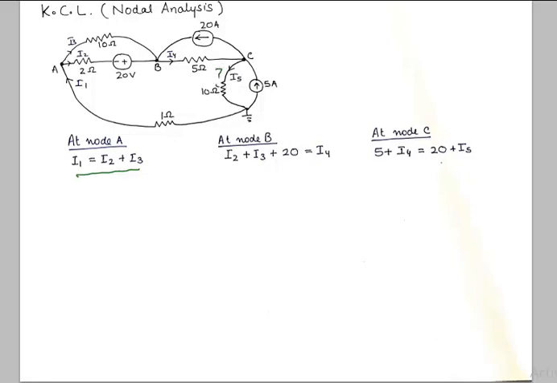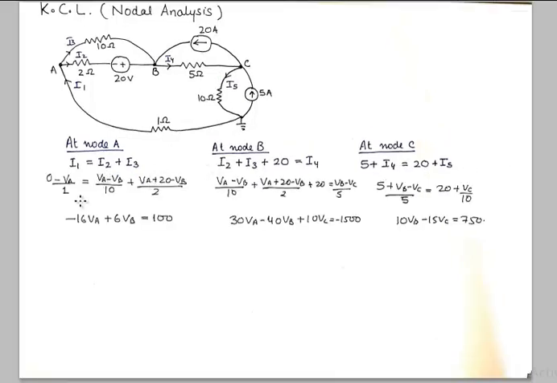When we express all these currents in terms of voltage upon resistance, we get, because the direction of the current is always from higher potential to lower potential, so we consider 0 minus VA upon resistance 1, then VA minus VB upon 10 is I3. This is, by the way, I3, and VA plus 20 minus VB upon 2 is I2.